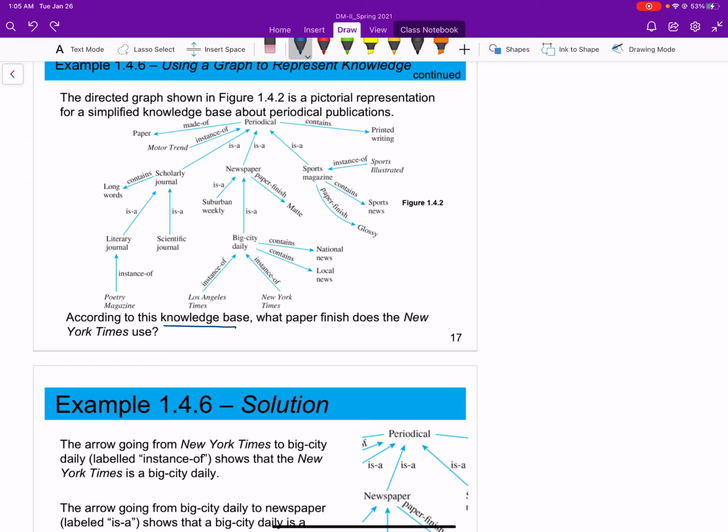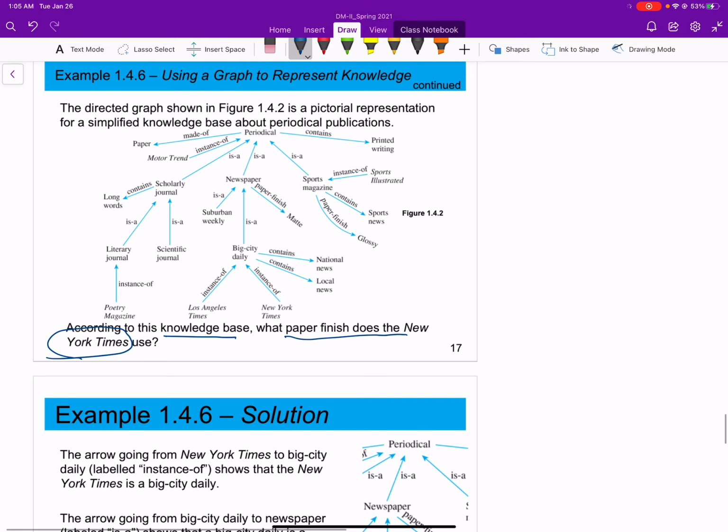It asks you what paper finish the New York Times uses. Okay, first of all, you have to catch New York Times. This is New York Times. All right, so we have to find what paper finish. Okay, so this is kind of one of the ends of this graph.